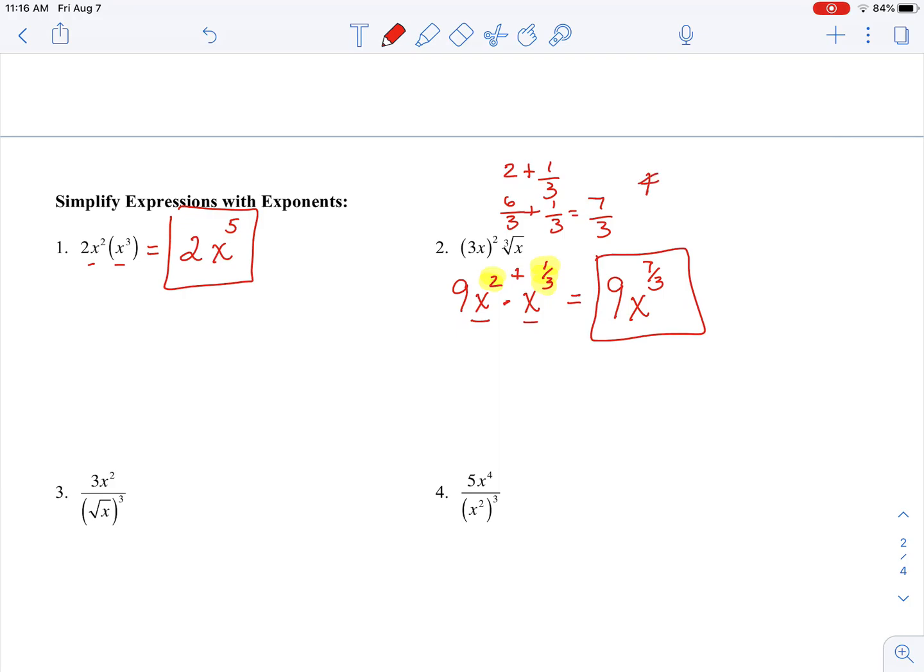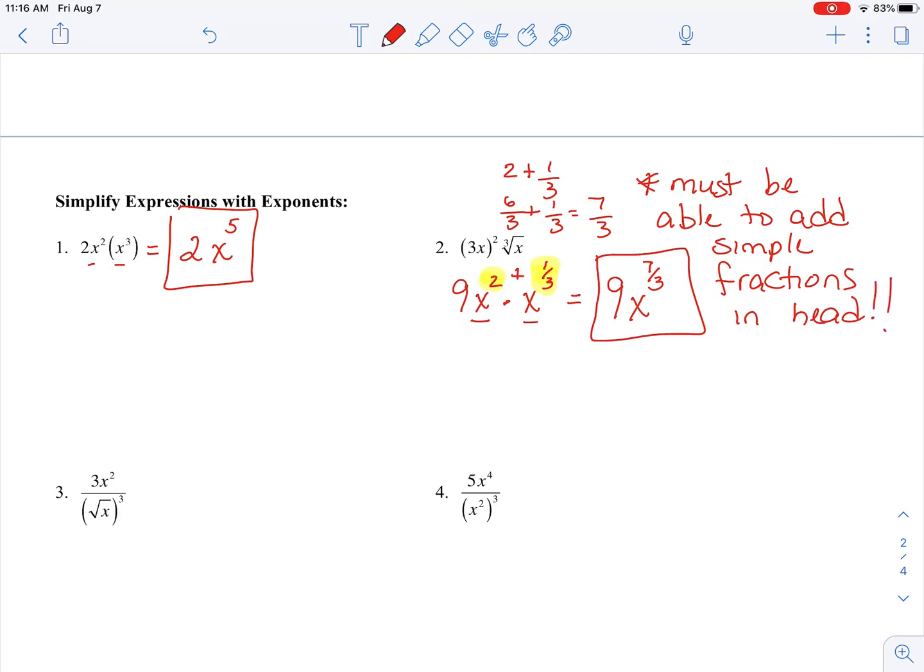Okay. You must be able to add simple fractions in your head, or do something like that on the side.